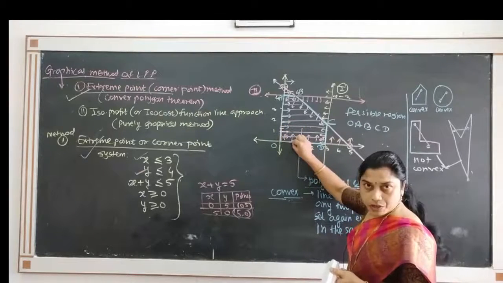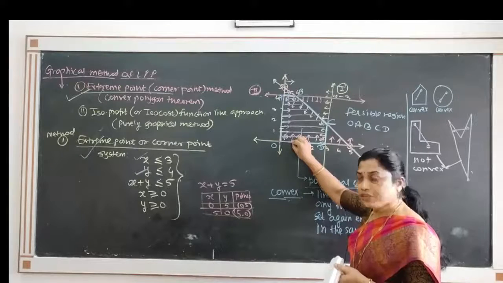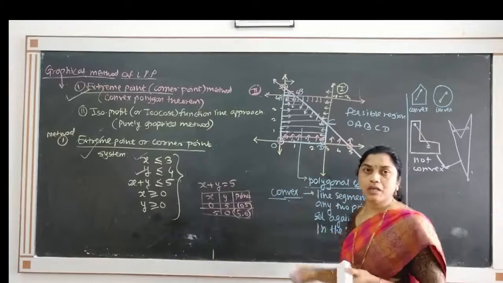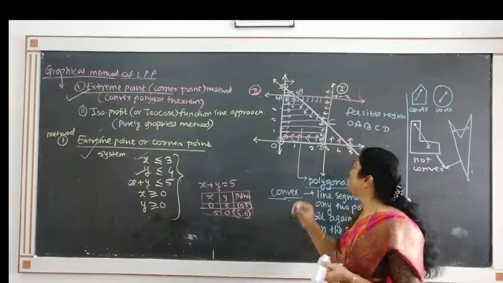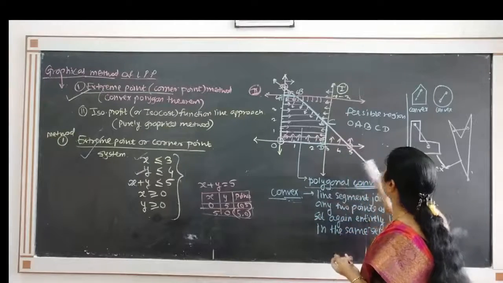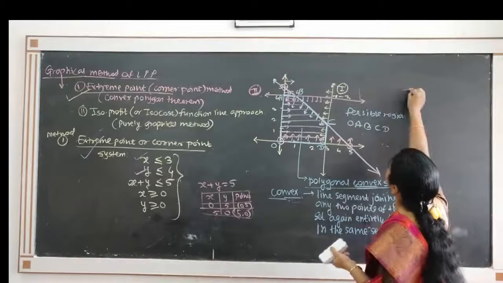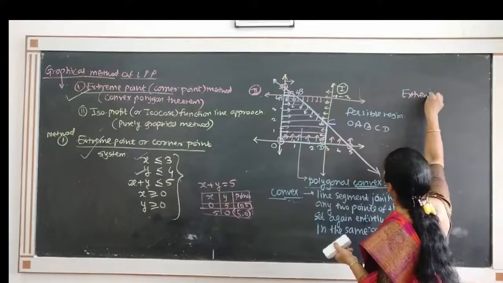Every pair of boundaries intersect each other in one point, and that point is known as an extreme point or corner point of the feasible region. So what is an extreme or corner point?